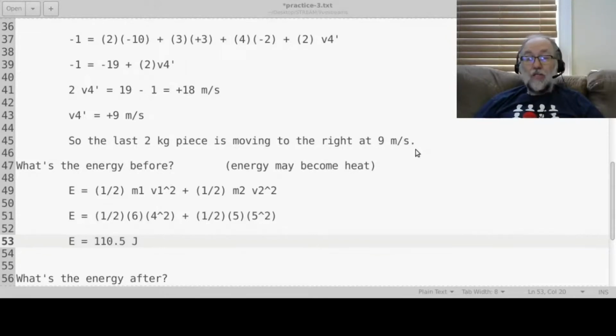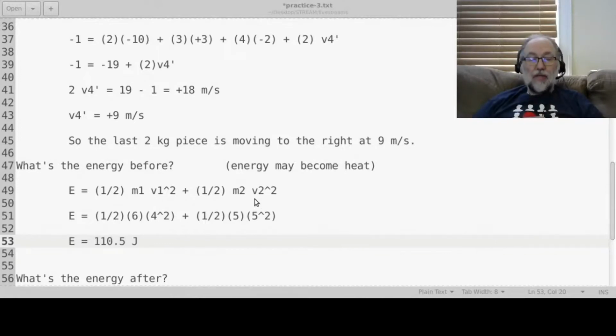But each mass contributes its own kinetic energy, and so you have 1/2 mv squared for each of the masses. So we have the first mass 1/2 m1 v1 squared, and then the second mass 1/2 m2 v2 squared. Substituting in the numbers, m1 is 6, v1 is 4 squared, and then m2 is 5, and then v2 is -5.